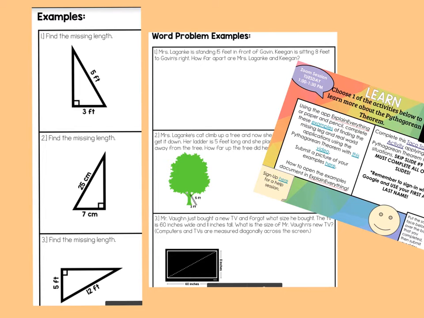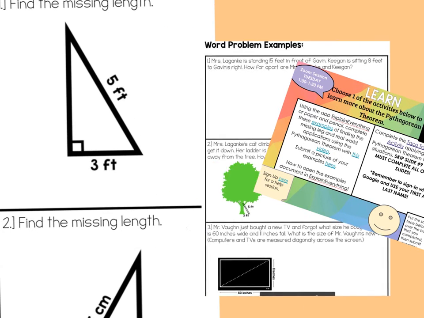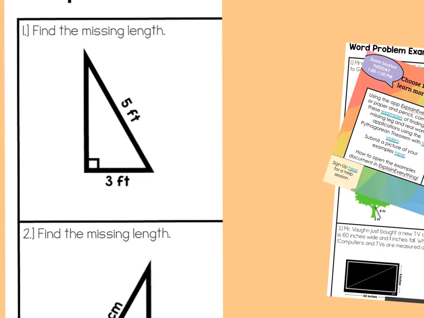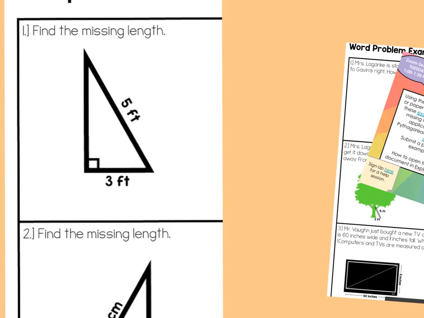So here are the 6 examples that you'll see that Ms. Hartman will do. And I just wanted to show you this first one. Let me move this out of the way. See how this is a little bit different from last week? We're still using the same formula, a squared plus b squared equals c squared, but now we have the c.